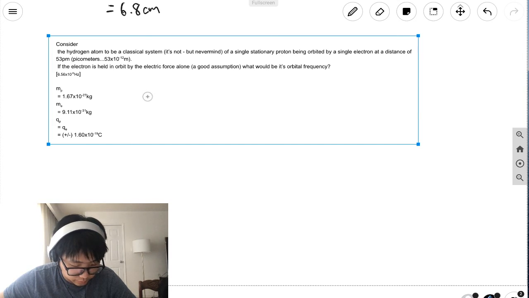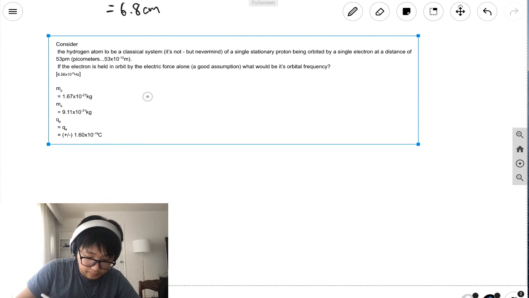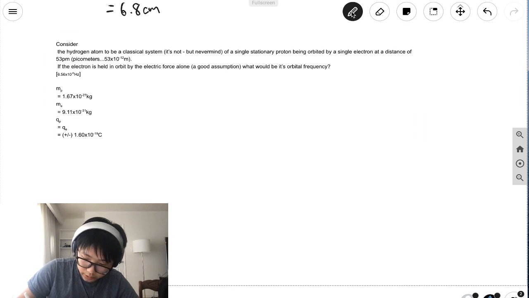at a distance of 53 picometer. Yeah, so picometer is 10 to the negative 12, because it's 3 magnitudes lower than the nanometers. All right, so they're saying a proton goes like this.